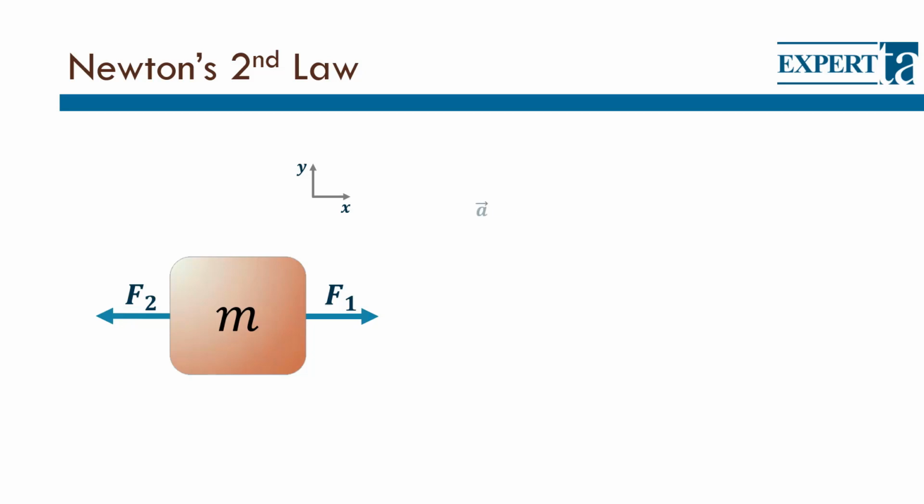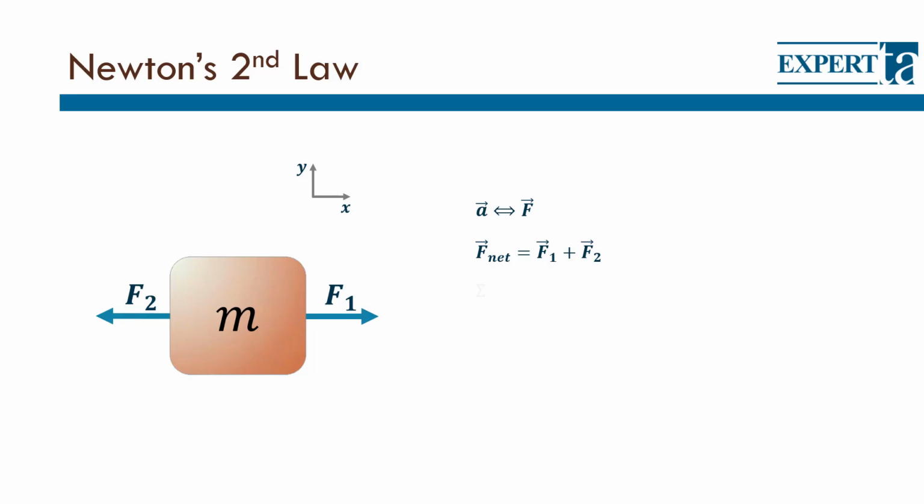Remember again that acceleration, proportional to the force, acts in the direction of the net force. And we'll see why that is in a minute. So in this case, these are vectors, so for the net force, F net, you have to add these forces up vectorially. So F1 plus F2. Now you resolve it along the x direction.